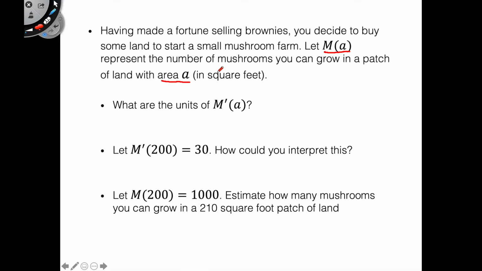So first one we start off, what are the units of M prime of A? Well, same thing, always stick to the formula, right? It's gonna be units of y over units of x.